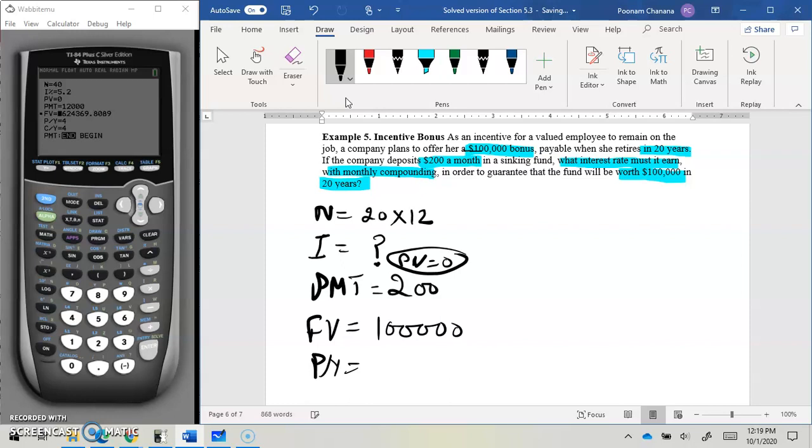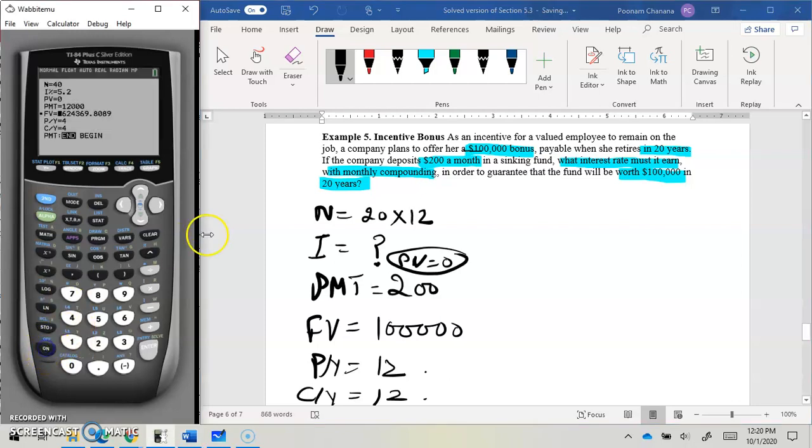Payments per year is 12 for monthly payments, and compounding per year is also 12. So let's add all that to our calculator. What is to be found in this case? We have to find I, the interest rate.